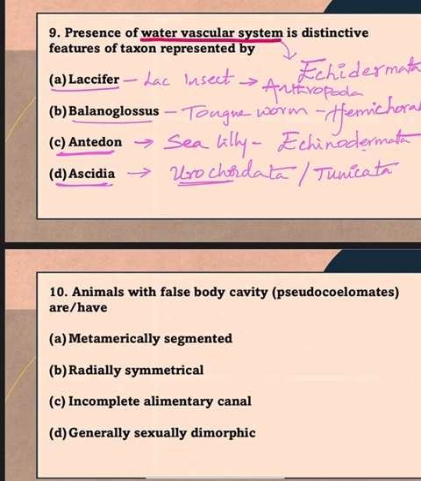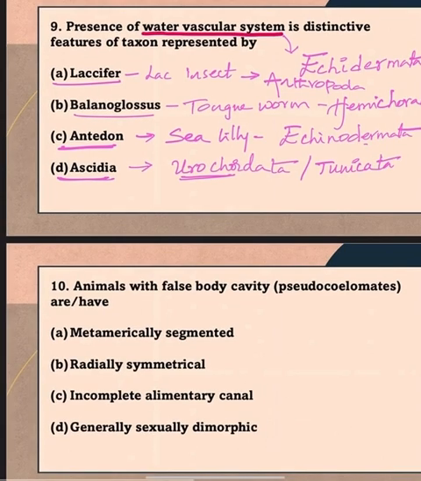Right, children? Next, we go with the 10th question. The animals with a false body cavity, meaning pseudocoelomates. The only one phylum in the entire animal kingdom that is pseudocoelomate is Aschelminthes. So you can pick the answer blindly.